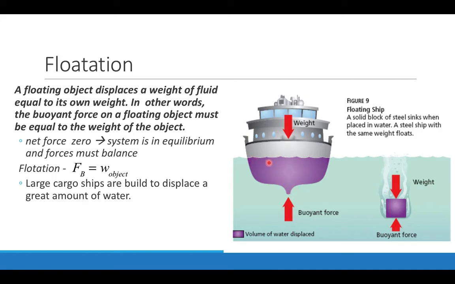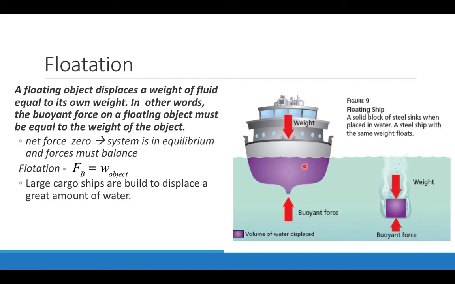So there's a large amount of the ship that's below the surface, and it's built to have this curve to it so that the weight of the fluid that's displaced is exactly equal to the weight of the ship.